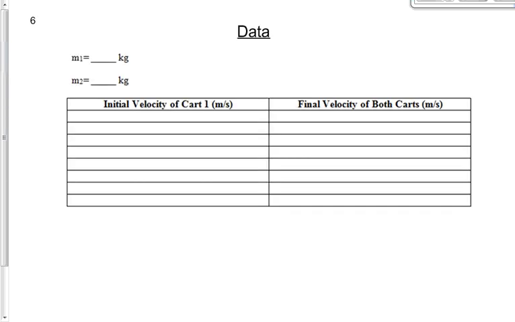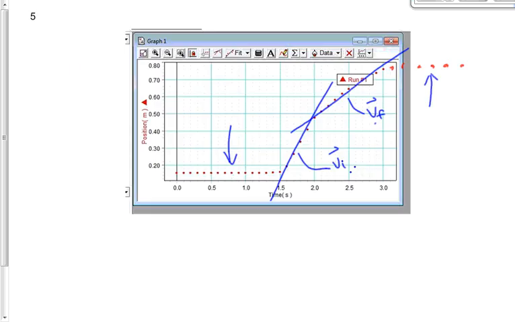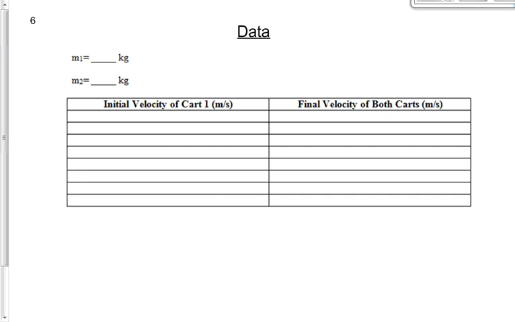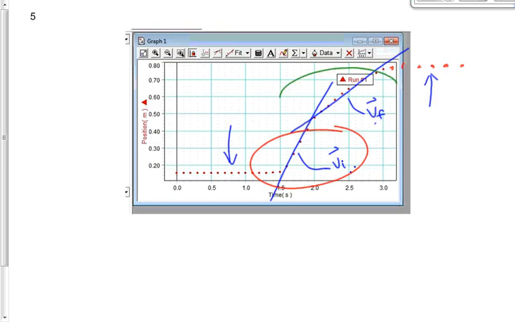And then you're going to create a table. Your table will include the 2 masses that we've measured with the triple beam balance scale. And it will include the initial velocity of cart number 1, which we get from this, and the final velocity of both carts combined, which we're going to get from this.